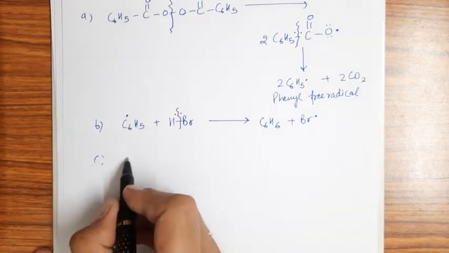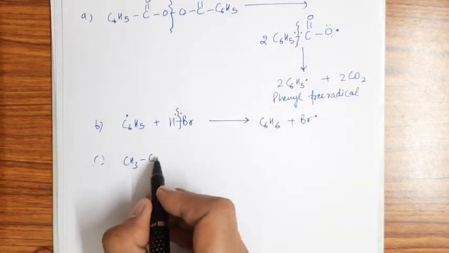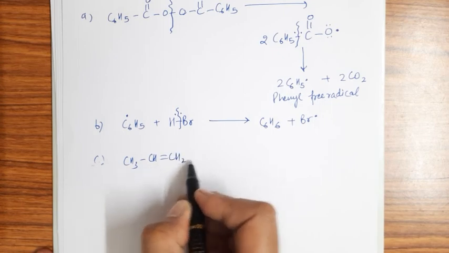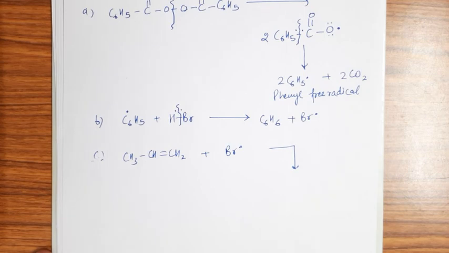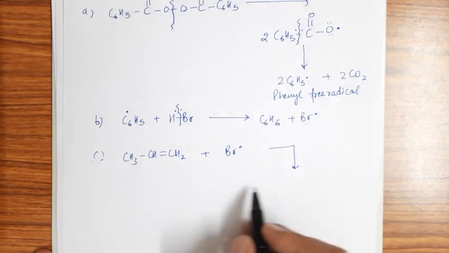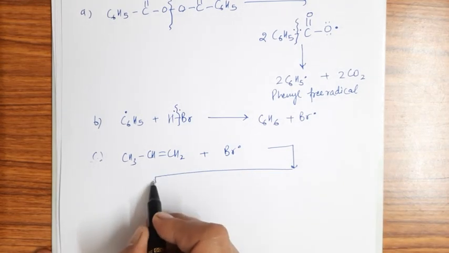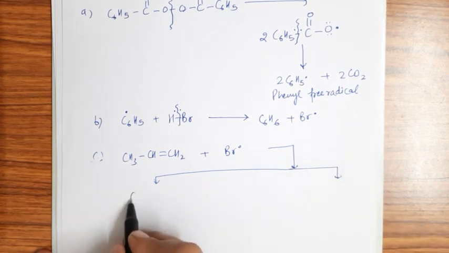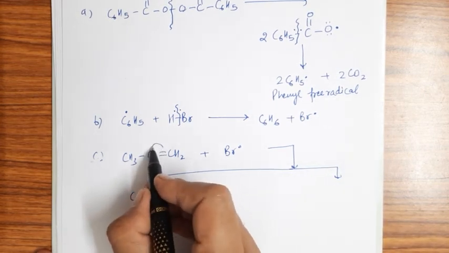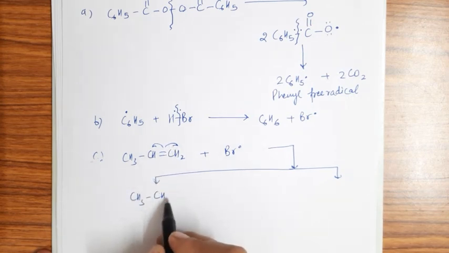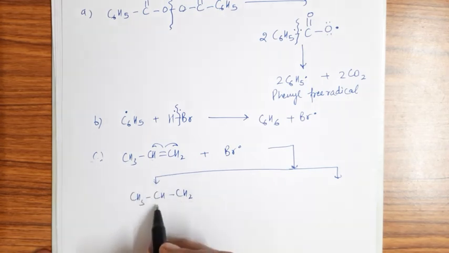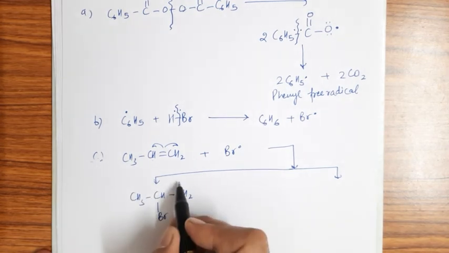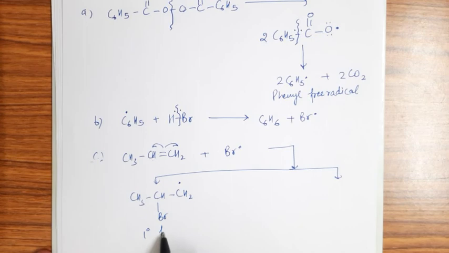Now in the third step we take our reactant, which is an unsymmetrical alkene. The bromine free radical attacks it, right? And again there is a possibility of 2 products. If bromine is attached to this, then the 1 degree free radical is formed.